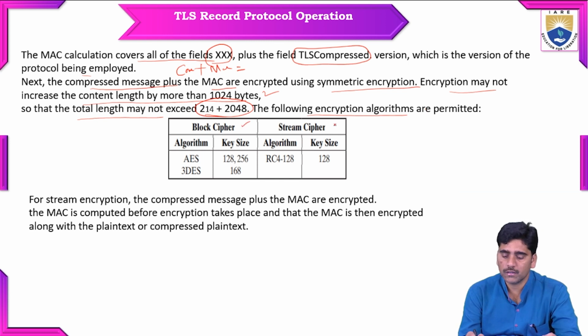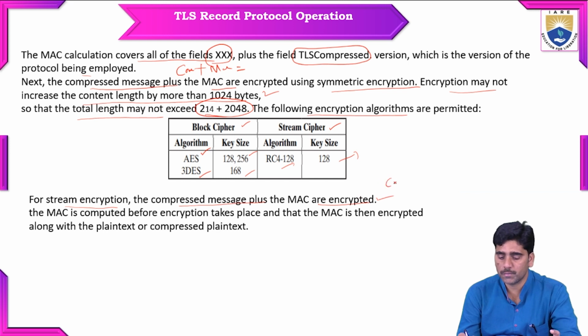The block cipher and the stream cipher allow up to particular key sizes. For the block cipher, the algorithm AES, Advanced Encryption Standard, allows 128 or 256 bit keys, and triple DES indicates 168 bits. And for the stream cipher, RC4-128 indicates a 128 bit key size.